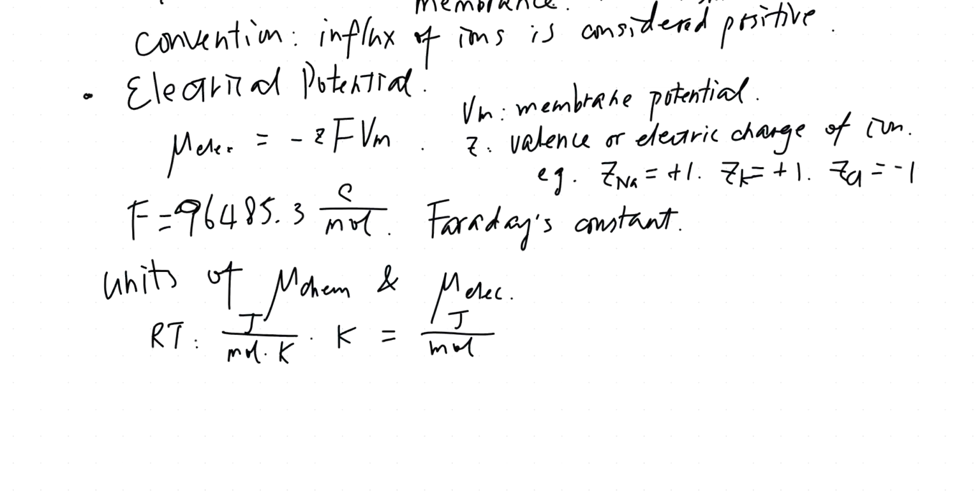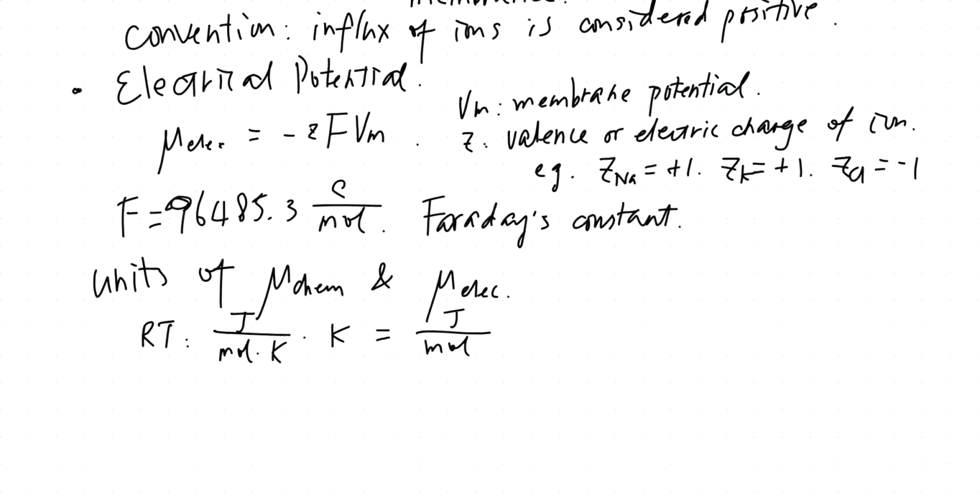Now let's look at the units of electrical potential. It's ZFV. Z is the valence, just a number that doesn't carry dimension. F, Faraday's constant, is coulomb per mole.